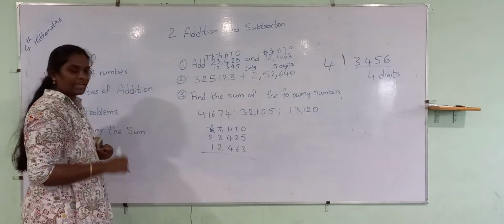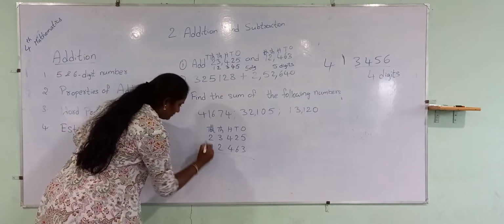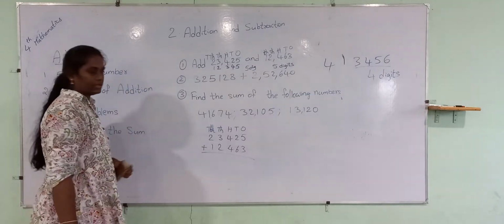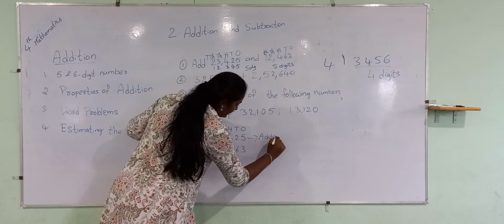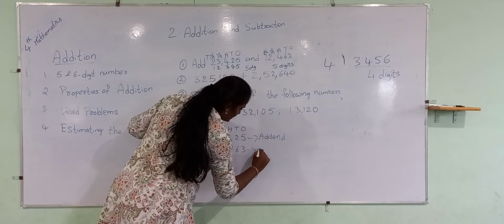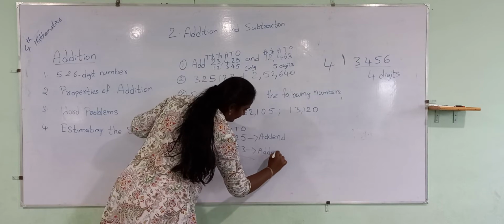What is the symbol of addition? Plus. This is the symbol of addition. What do we call this number? Addend. And this is also an addend.